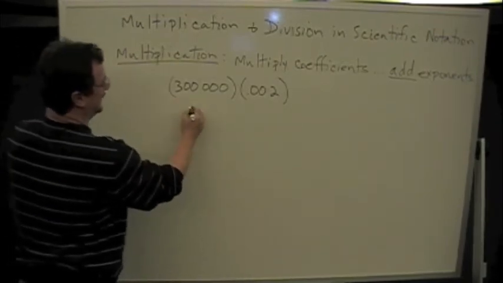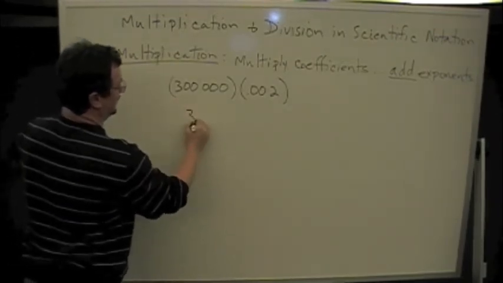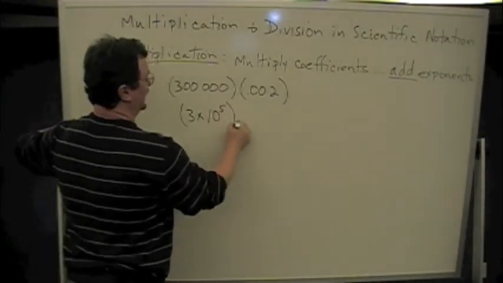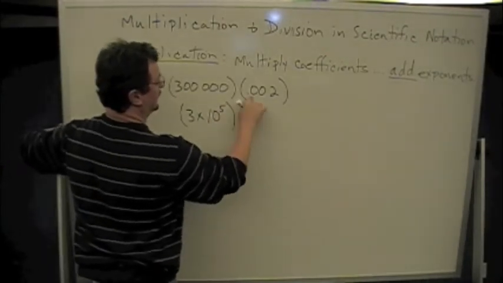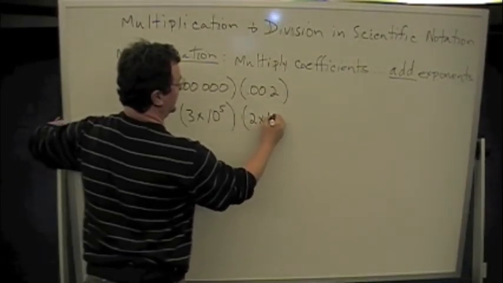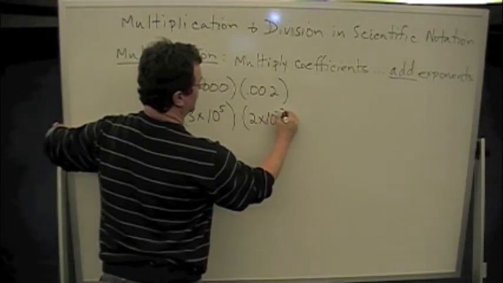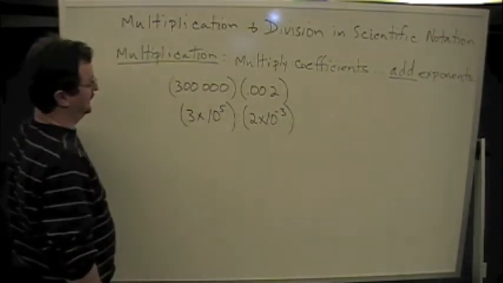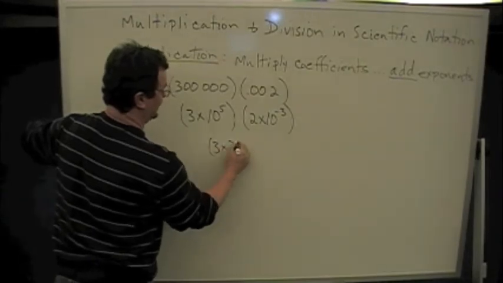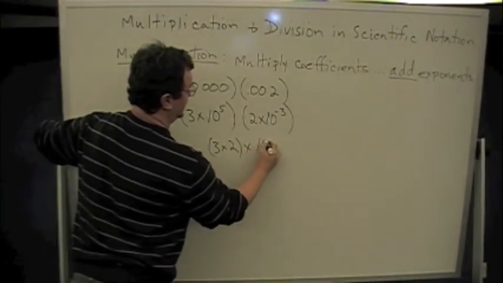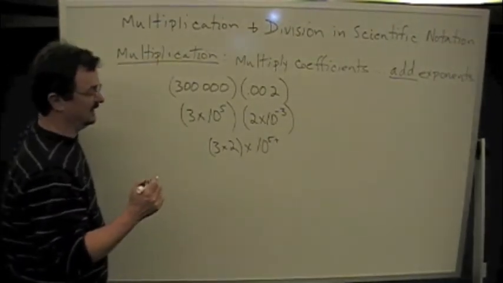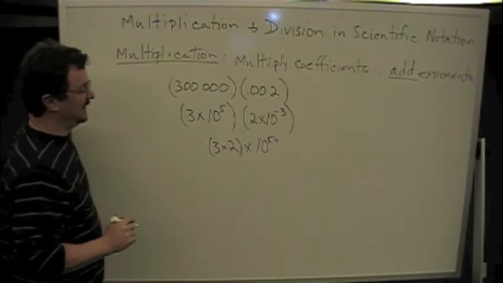Okay. So let's see how we did. This is 3 times 10 to the 5th. And then this, bring it over 1, 2, 3 places to the right, is 2 times 10 to the minus 3. And then this becomes 3 times 2 times 10 to the 5 plus what? Here's where you have to be really careful.